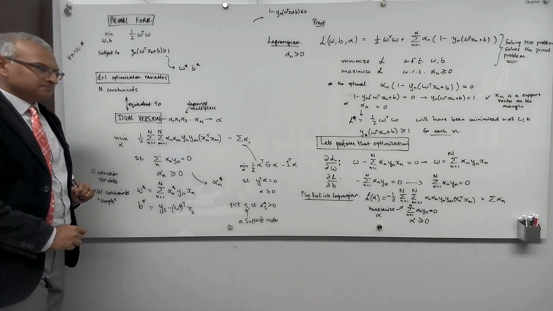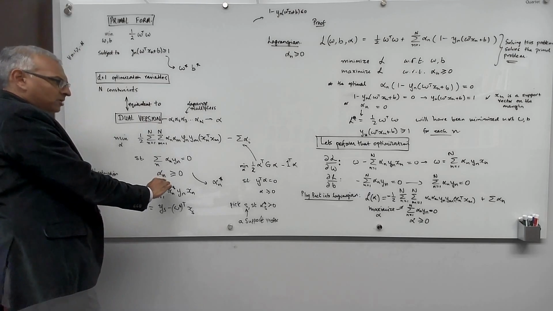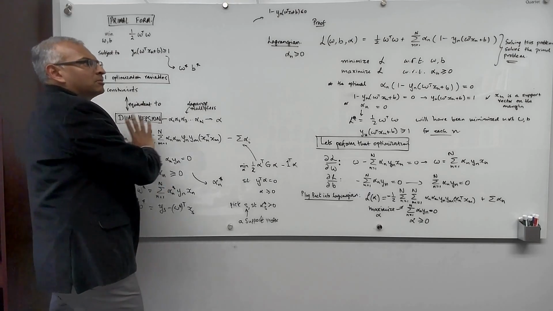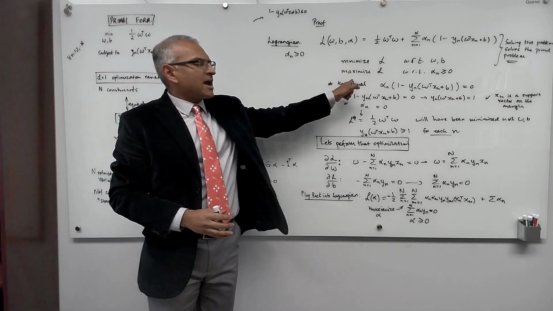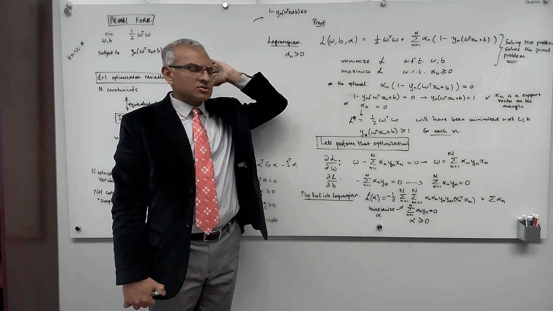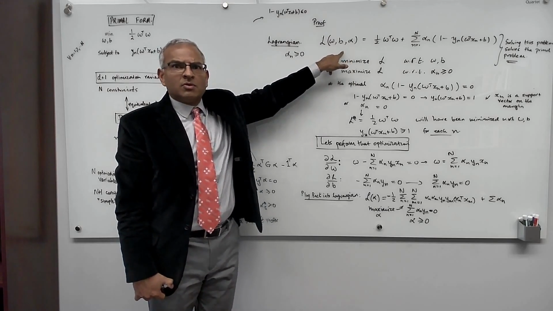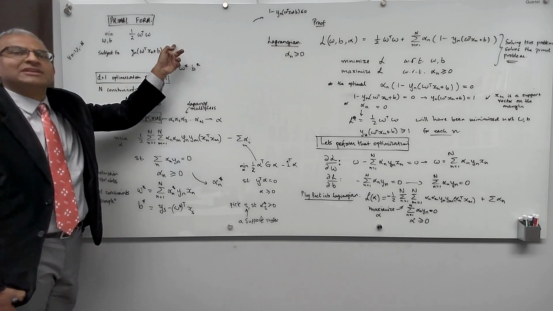So I've just derived that this optimization problem is essentially equivalent to the minimax optimization of the Lagrangian. And we already saw that the minimax optimization of this Lagrangian is equivalent to solving the primal. End of story. Proof. Done.